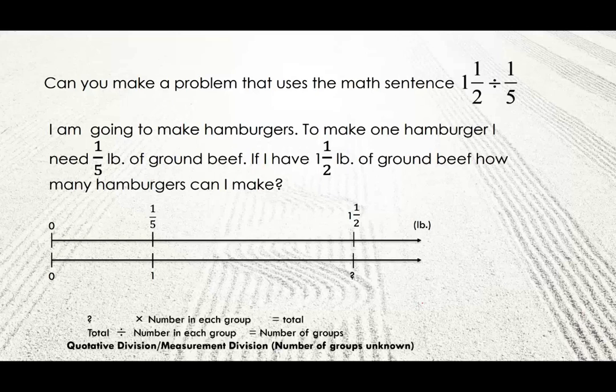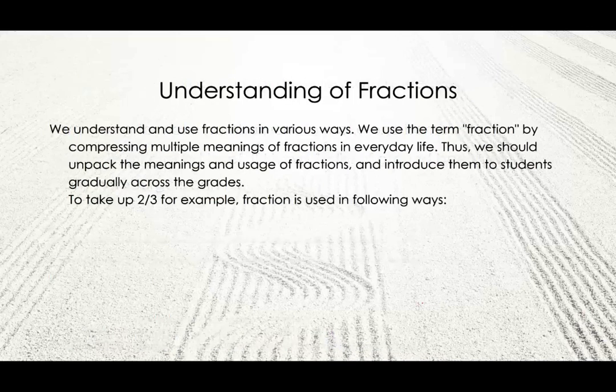So actually, this is a quotative division problem. And a quotative division problem is relatively easy to make with fractions. But partitive division is a little bit challenging, so we're going to discuss it later. Okay.